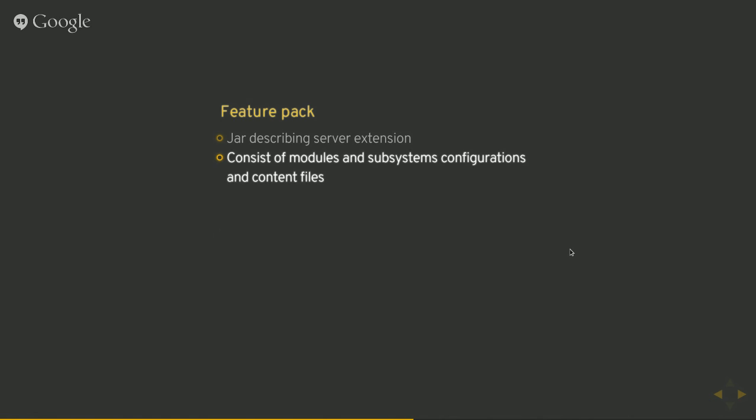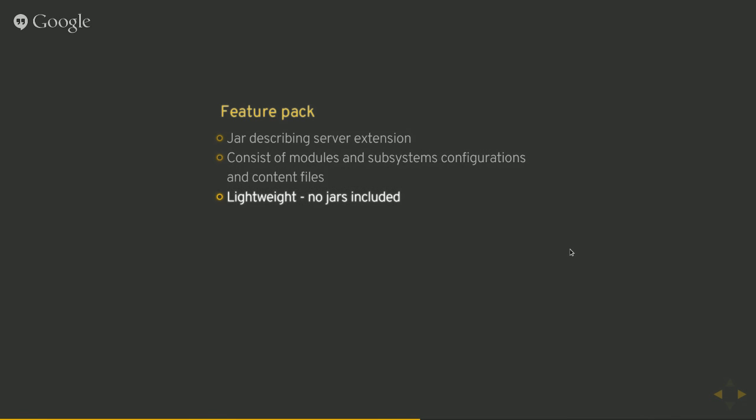So we are adding subsystem code to module configuration and adding, among others, RESTEasy dependency to the module. Subsystem configurations basically just specify how different subsystems are configured, and content files are files that are meant to be located directly in the server that is going to be provisioned. Example of content files may be a startup script.